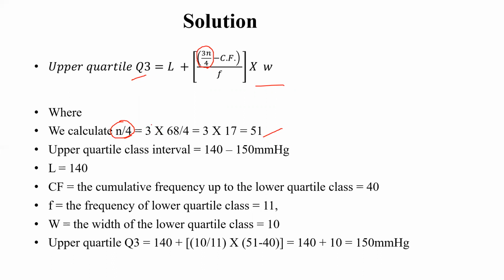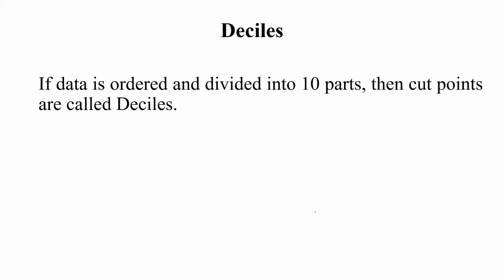So here third quartile we are calculating, so that's why 3 multiplied by n, 68, divided by 4, which is 51, and the rest of the concept is the same as for the median, and in the same way we can find out the third quartile.